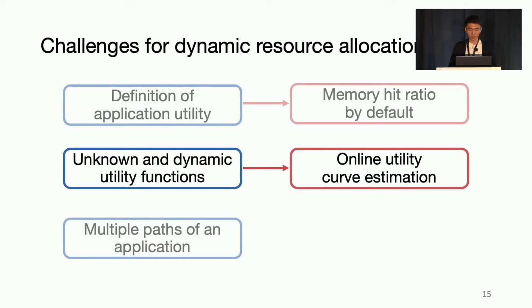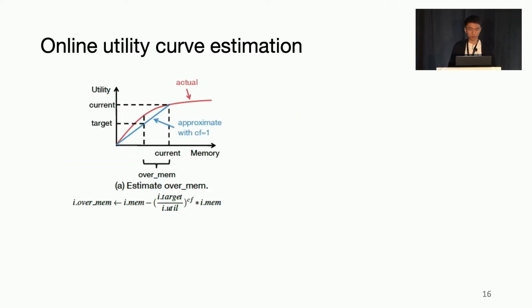The second challenge is that the utility functions of the applications are unknown and dynamic. And our solution is an online utility curve estimation. For applications that have better utility than the target, we estimate overmem, which is the amount of memory that can be moved from the application.